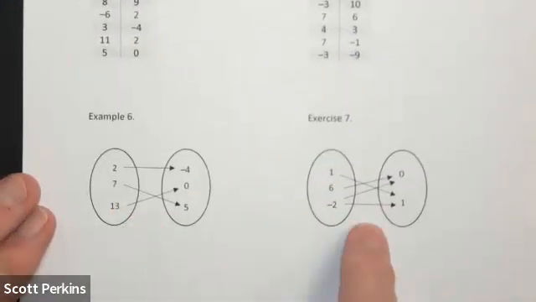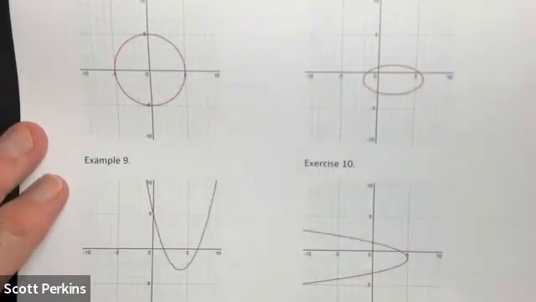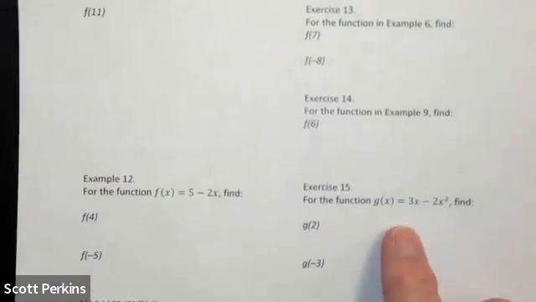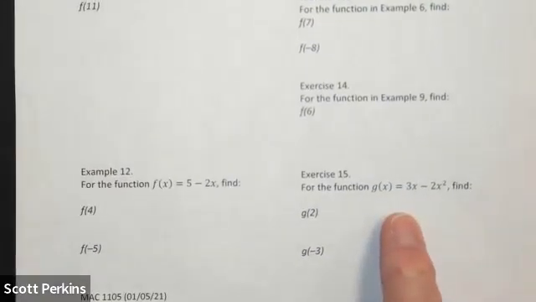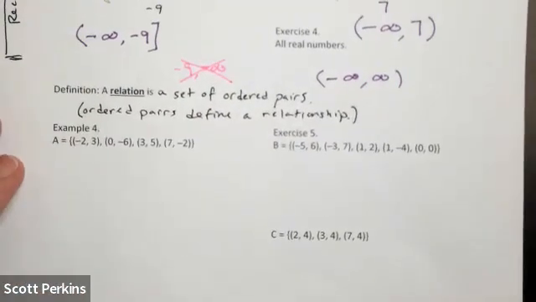We've got a couple mappings. These are all different ways to express the relationship. When we get to the third page, we've got graphs that express the relationship. And then the final thing we'll do on the last page is we will get to function notation and actually having equations that define the relationship between our x's and our y's in our ordered pair.